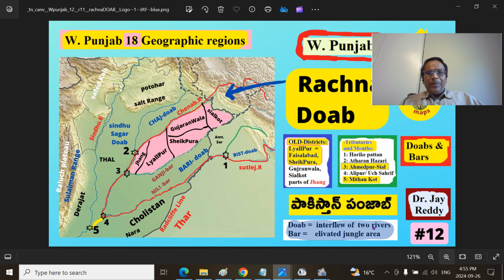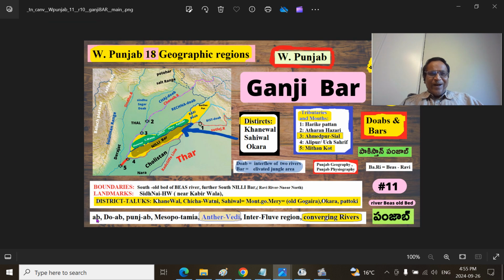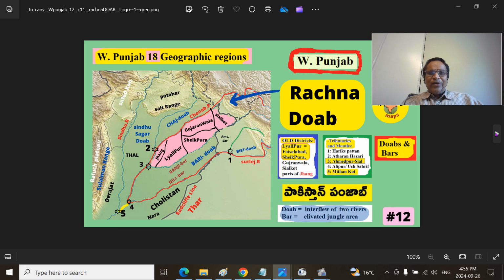Ab is a water body. Doab means two rivers. The land between two rivers is a Doab. Ab is a water body, that is the Punjab: there are five lands between water bodies. Mesopotamia or Antarvedi is called an interfluvial region, or convergent region between the rivers.